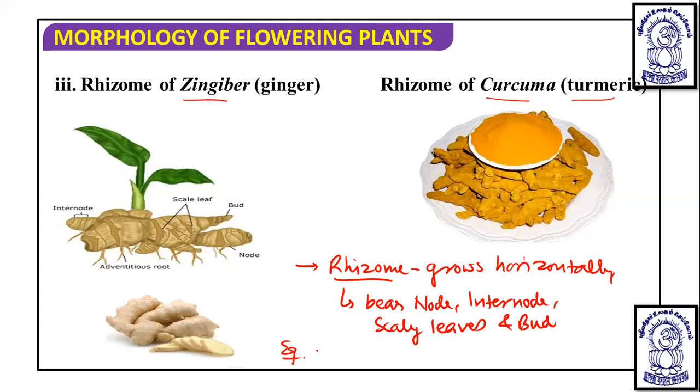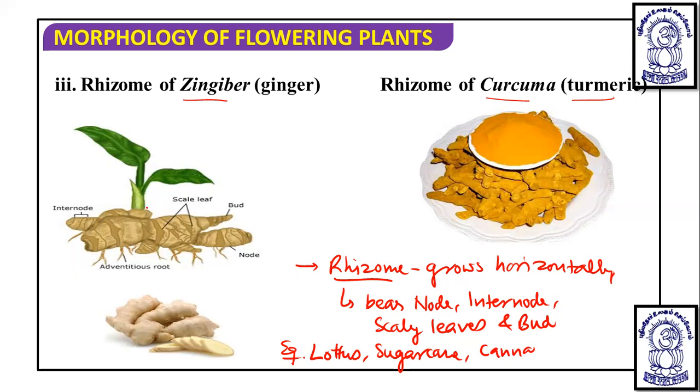Apart from this, some examples are lotus, sugarcane, ginger, turmeric, and canna, all of which have this rhizome. And this rhizome in ginger, Curcuma, or lotus is a branched one.